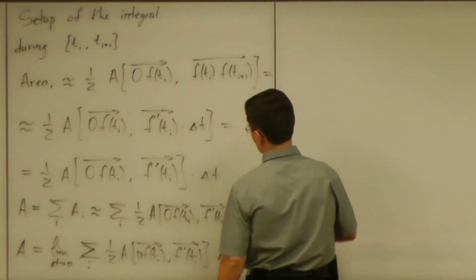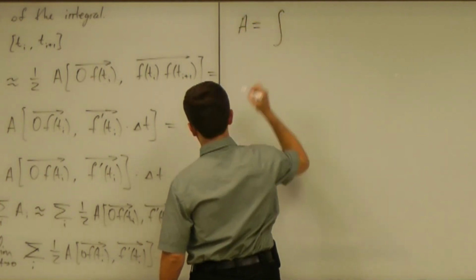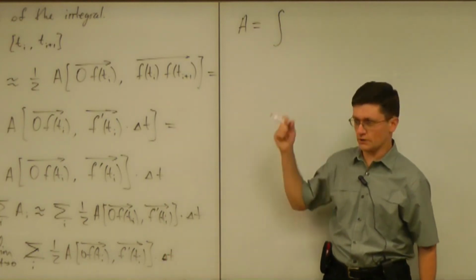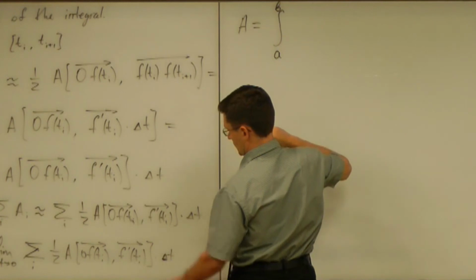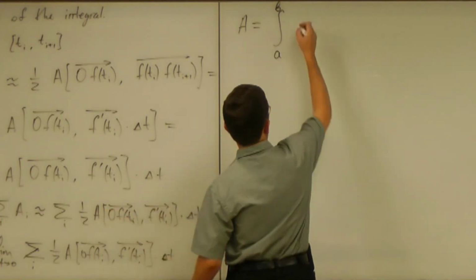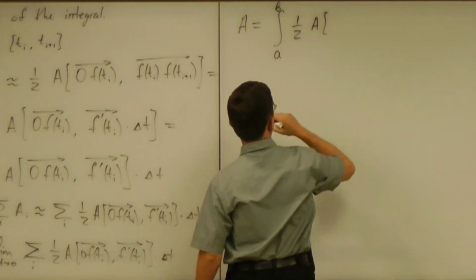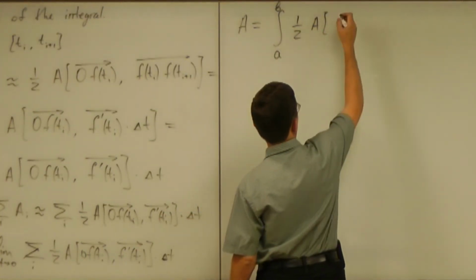And at this point we recognize an integral. A equals an integral as the variable, the time, changes from a to b of that function 1/2 area, algebraically determinant, right, on the two vectors.